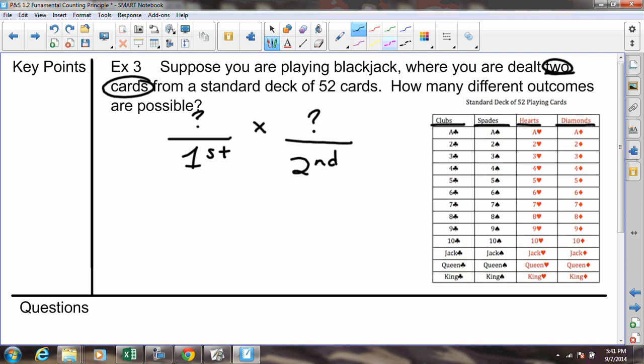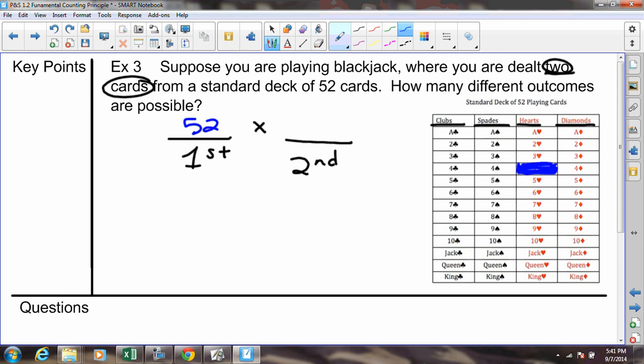So what are they then? How many cards could you possibly be dealt first? Well, in this one, there are 52 different cards. So we regard it as 52 different options. Now, just for the sake of argument, let's suppose that you were dealt the 4 of hearts. After the 4 of hearts has been dealt, how many cards are left?